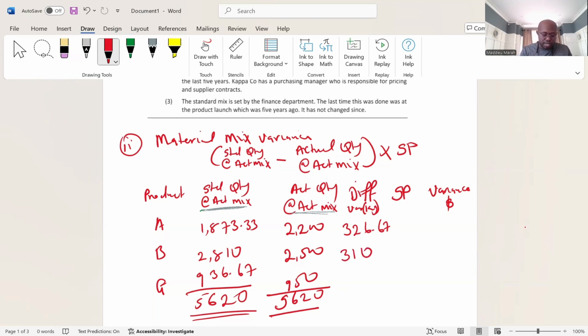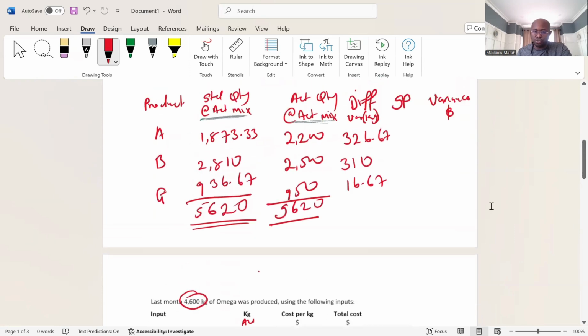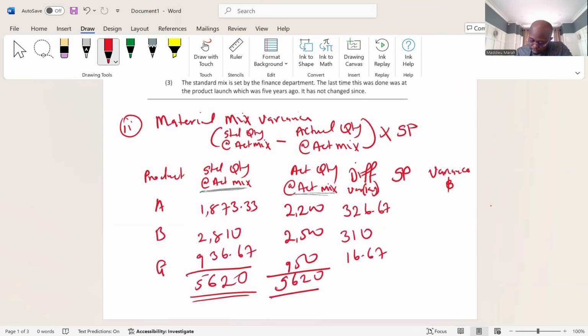And the last one, 936.67 minus 920, 16.67. This is 920, not 950. These are my variances in Q3.